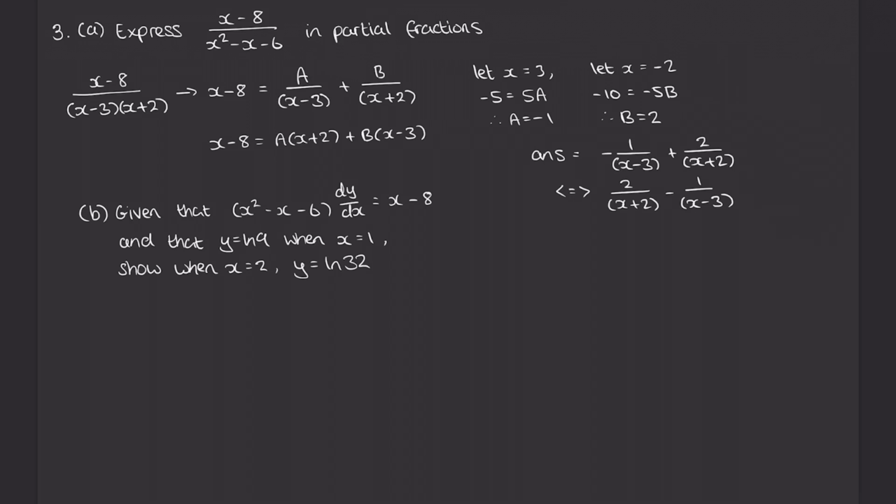So what we can do is divide both sides by x squared minus x minus 6, and this is where part A comes in handy if you got it correct. So dy by dx equals x minus 8 over x squared minus x minus 6.